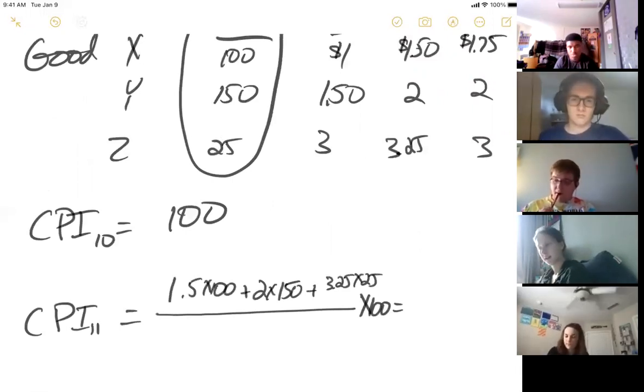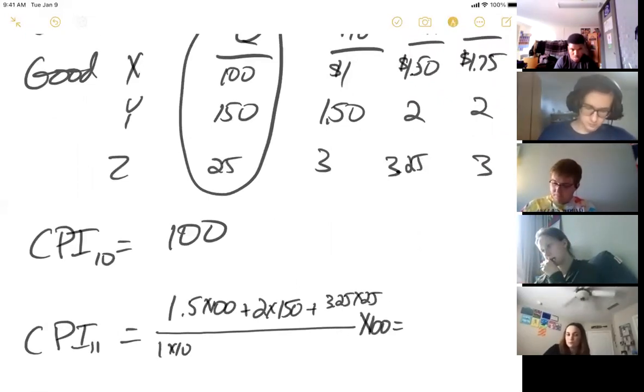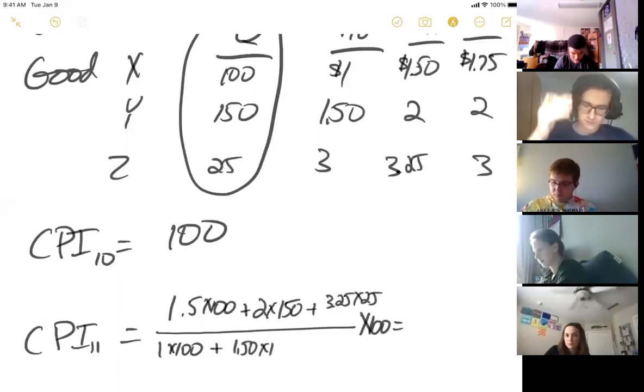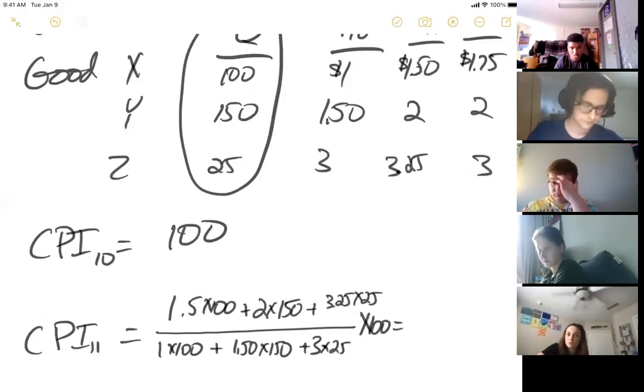That's the 2011 prices times the basket. And then the denominator is the base year prices times the quantities. So 1 times 100 plus $1.50 times 150 plus 3 times 25, multiplied by 100.